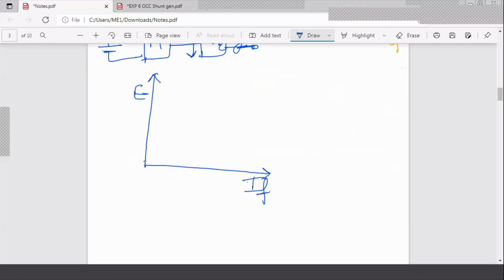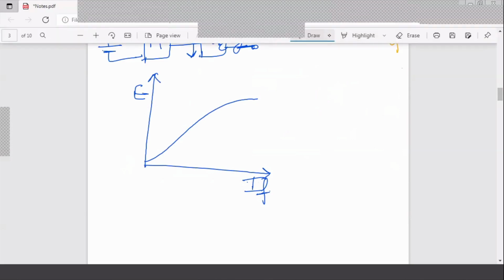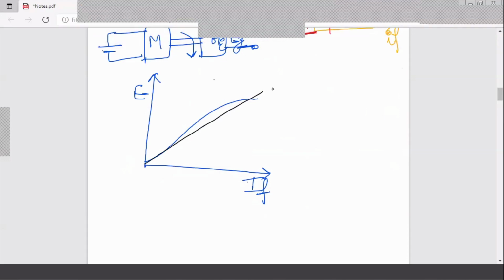Now the characteristic we have here is something like this. This is E versus IF. Basically this is voltage divided by current. If I take the slope of this line at this point, I will get a line like this.